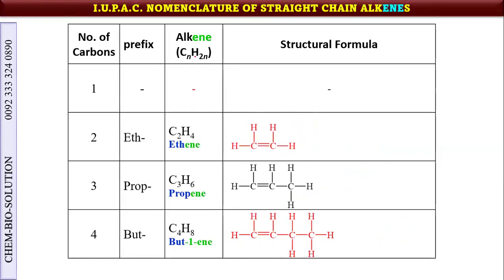Now, alkene, CnH2n. Why is it CnH2n? Although it also has some terminal hydrogen atoms, two of the hydrogen atoms are removed due to the presence of a double bond. Because when a double bond develops between any two carbon atoms, each of the carbon atoms has one less hydrogen atom.